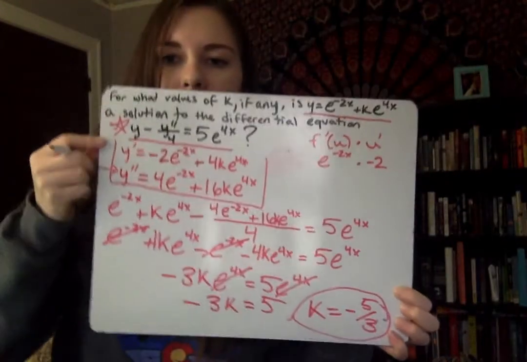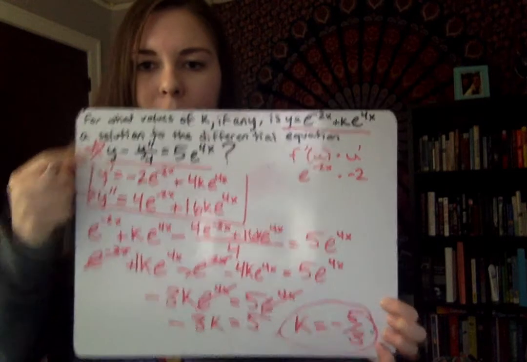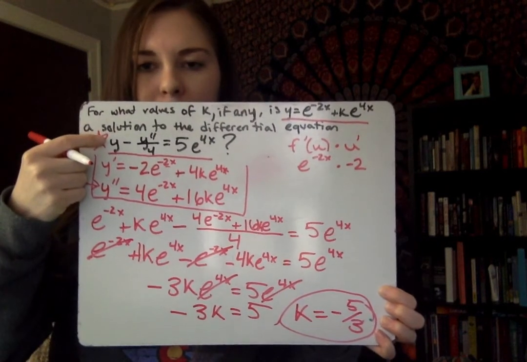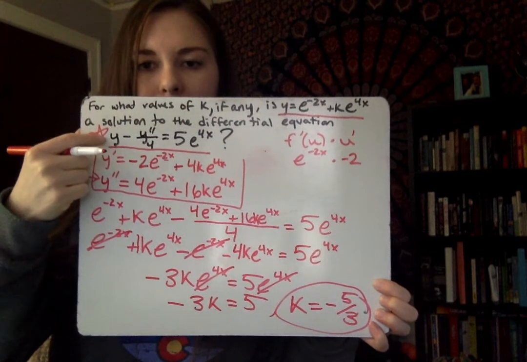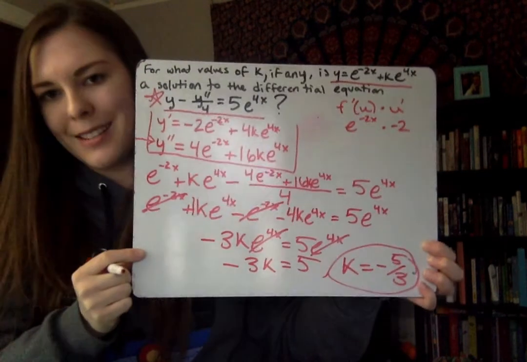Okay, so we started off finding the information that we needed to find out. Then we plugged it into our given condition here. We know this is what it needs to be. And then we solved for that constant or the k value.